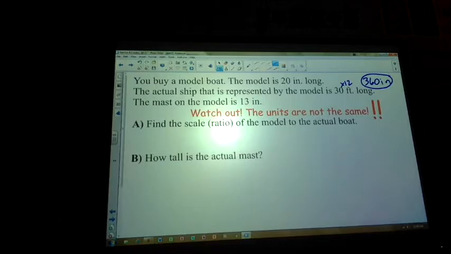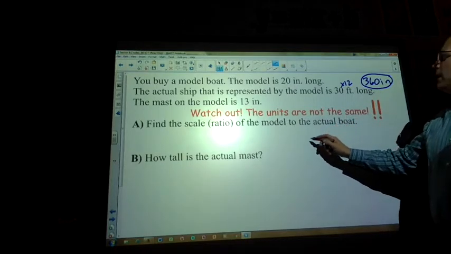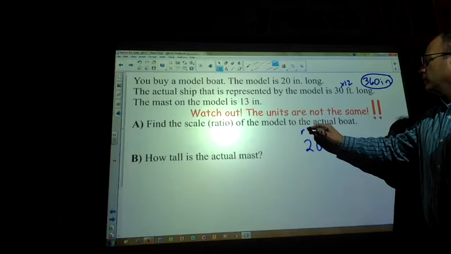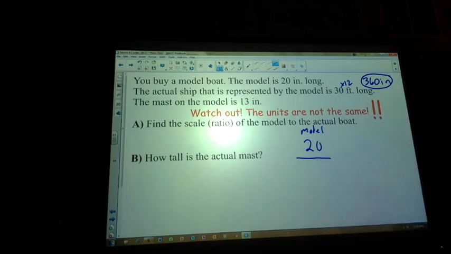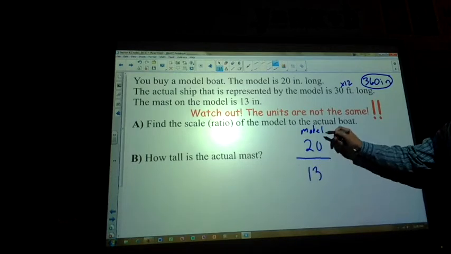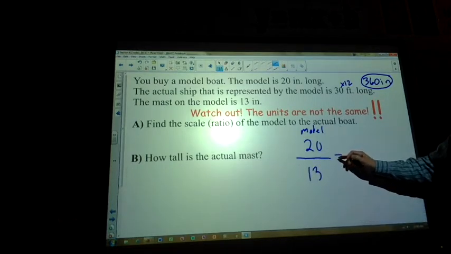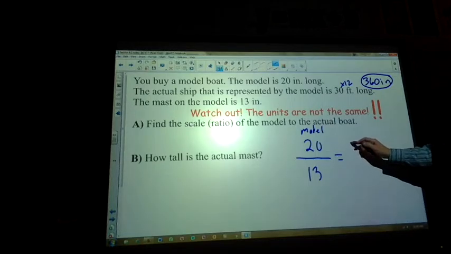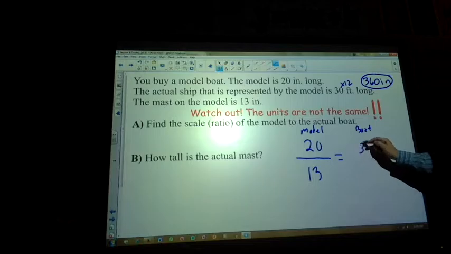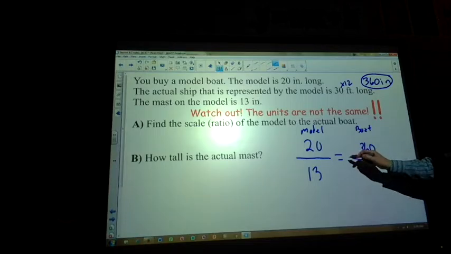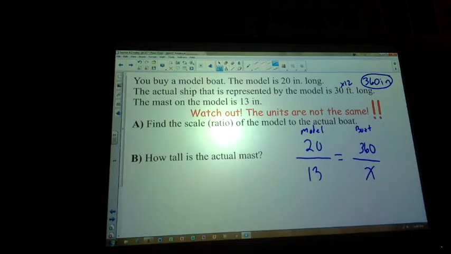So the model is 20 inches long. The model has a mast that is 13 inches. So we have inches over inches. We know that the actual boat is now 360 inches in length over x.